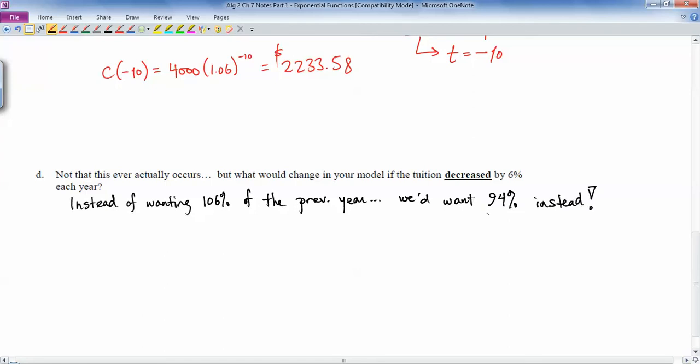And where did the 94 come from? Well, the 100% is the original amount, and then we're subtracting the 6% because of the decrease.